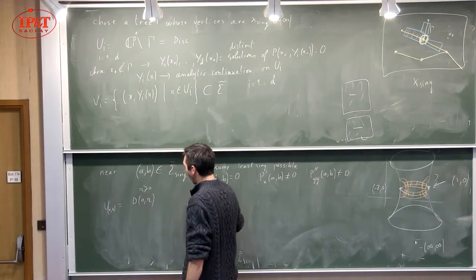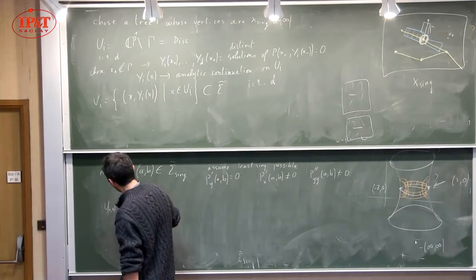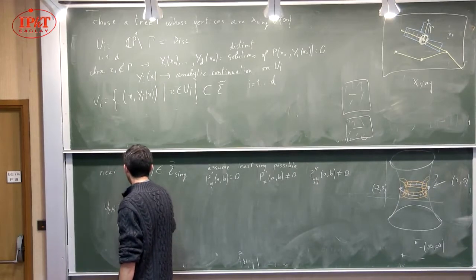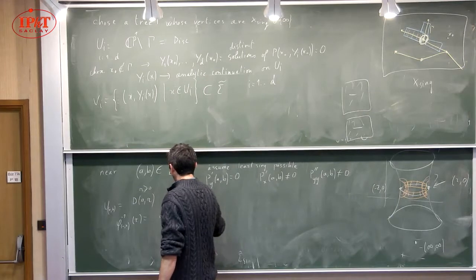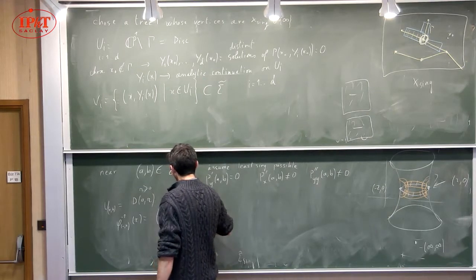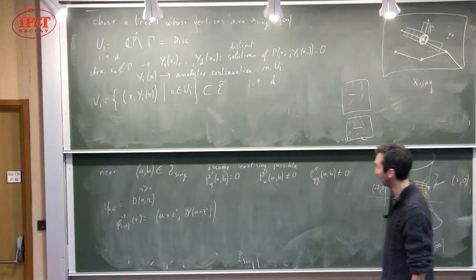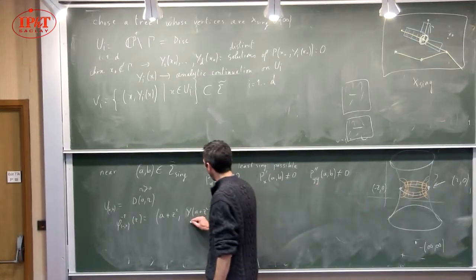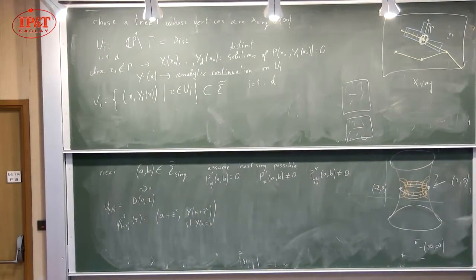And the transition map will be, so I will define it the other way around, phi_AB^-1 of z will be (a + z squared, and y of a + z squared), the one such that y of a equals b. Okay, it's just exactly what I did before.